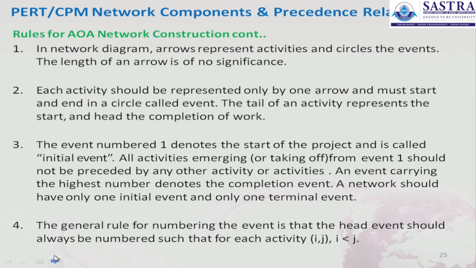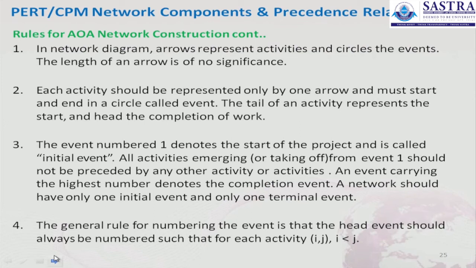The third point: the event numbered 1 denotes the start of the project and is called the initial event. We already described all these things in the figures. All activities emerging from event 1 should not be preceded by any other activity. An event carrying the highest number denotes the completion event.